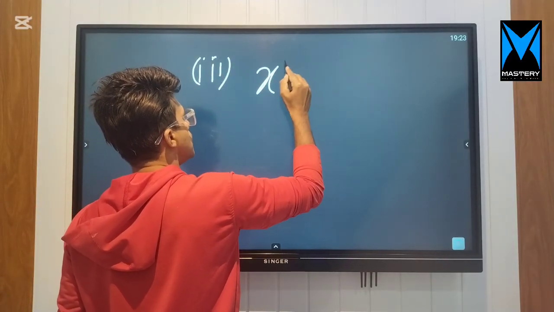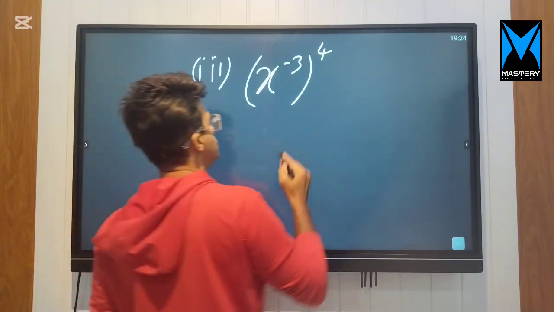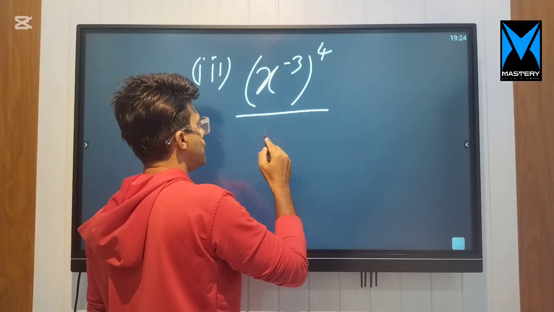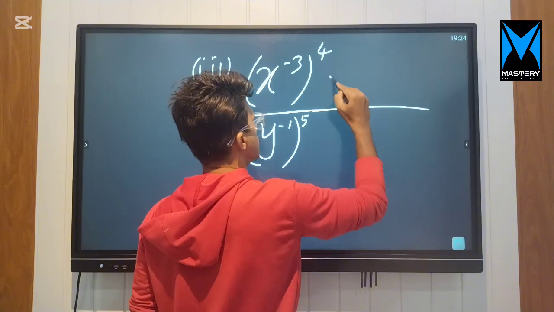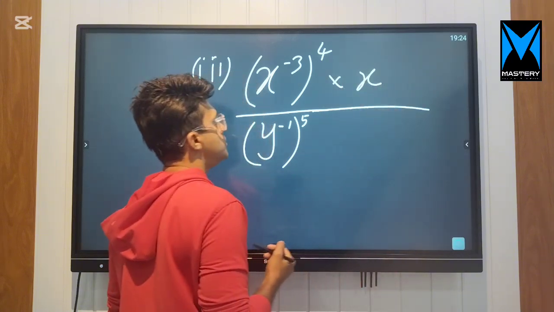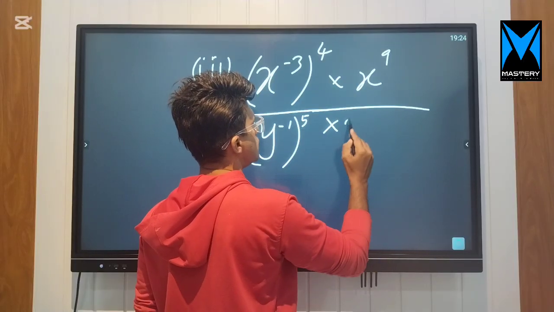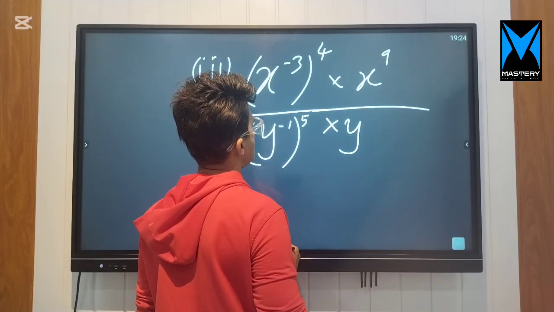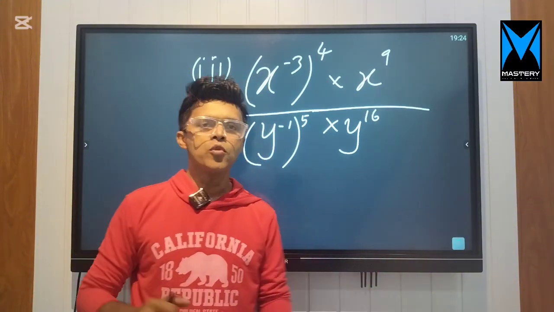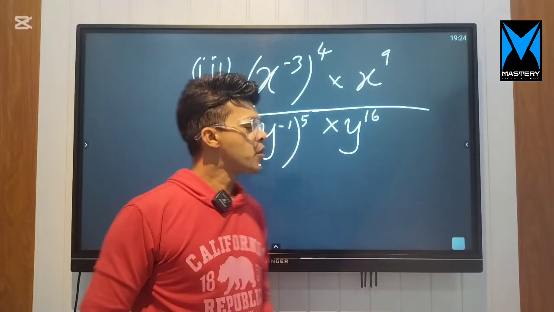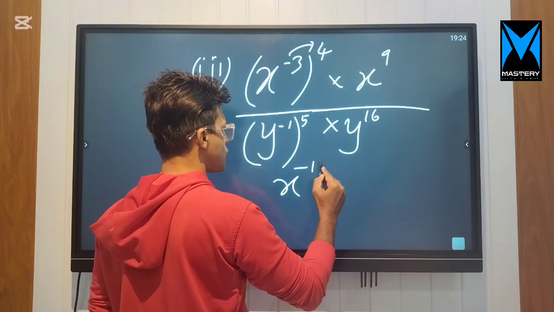The question is x to the power minus 3, whole to the power 4, over y to the power minus 1, whole to the power 5, into x to the power 9 over y to the power 16. First you need to remove the brackets, power of a power. Minus times plus, and 3 times 4 is 12. So x to the power minus 12.